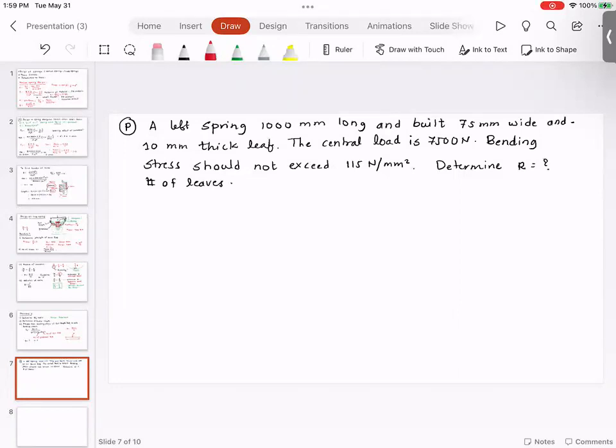So in this particular problem, sigma B is 115 Newton per millimeter square. E is the Young's modulus, so 200 kilonewtons or 10 to the power 3 Newton per millimeter square. And I'm going to use this equation, sigma B is equal to M divided by I multiplied by Y. Sigma B is 115.